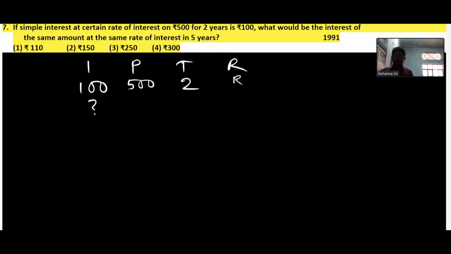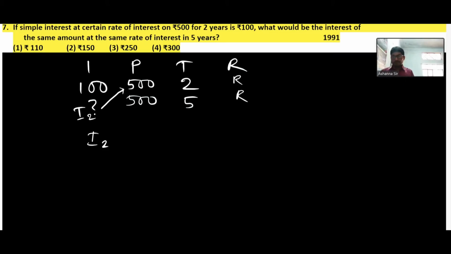Here we have to find the interest of the same amount, 500 only, at the same rate of interest in 5 years. So this is I2. We have to find it. To find I2, we use this relation.